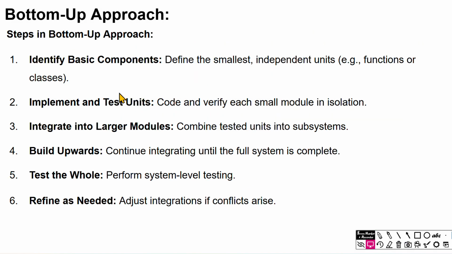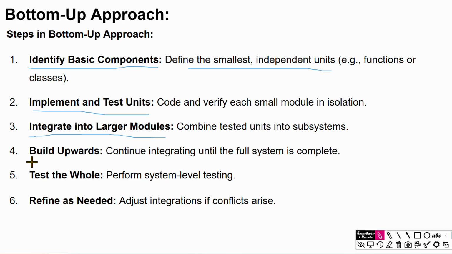Then if we see, there are steps in performing the bottom-up approach. First, we'll identify basic components. So we'll be defining, writing subprograms first. Then we will be implementing and testing these subprograms individually. Later we will be integrating these subprograms into a large function or large program.